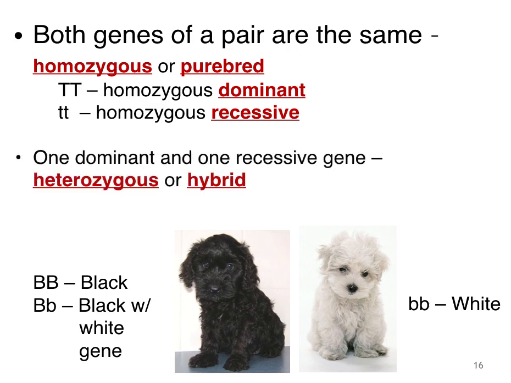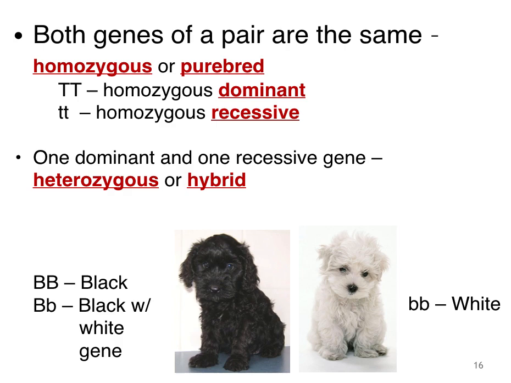If there's one dominant and one recessive gene, then that is called a heterozygous genotype or hybrid. So if you look at the black puppy, you see that it's got a capital B and a lowercase b, but it's black. That's because that capital B is the dominant gene, and it overshadows the lowercase b, and so only the black shows up.